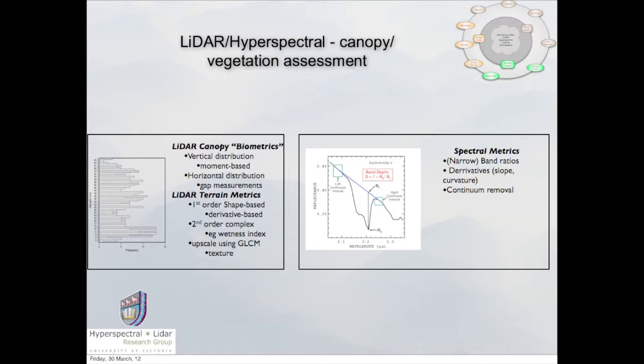We use derivatives, so we look at the spectrum curve and generate first, second, and third derivatives of that to look at the slope, the curvatures, etc. And that can be a useful diagnostic metric. And we use what's called continuum removal. The continuum removal is kind of neat because it normalizes these absorption features and standardizes them so we can compare them between spectra.